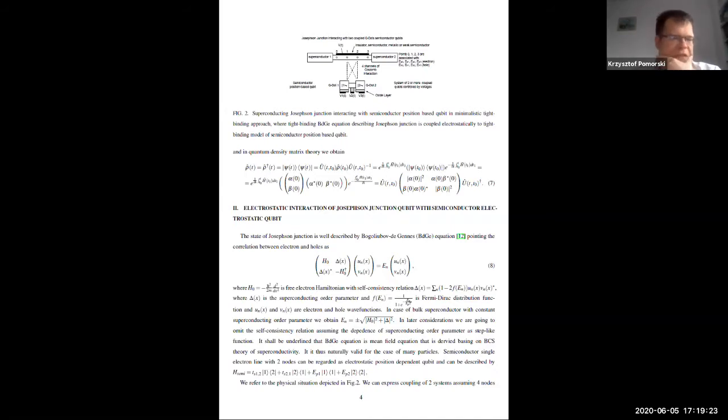It should be underlined that there are various variations of the Bogoliubov-de Gennes equations, and at this stage we have the freedom to choose which particle we describe, and the dispersion relation is hidden in this H0 Hamiltonian operator.